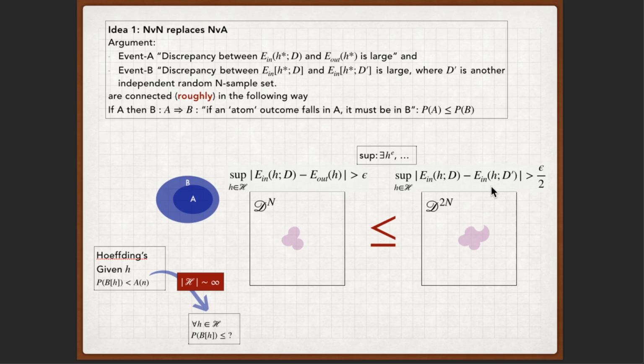We will discuss this consequence later. Roughly, instead of examining the out-of-sample error of the hypothesis, we employ another training set and consider the evaluated in-sample error on the two independently drawn training sets, and compare the discrepancy against half of the tolerance, half of epsilon.